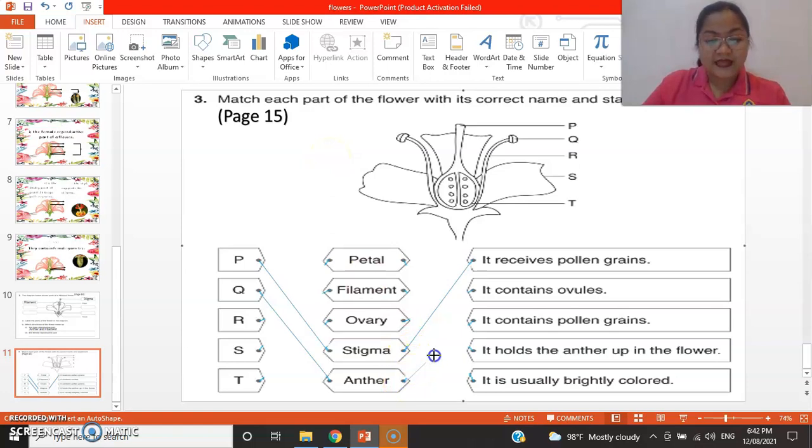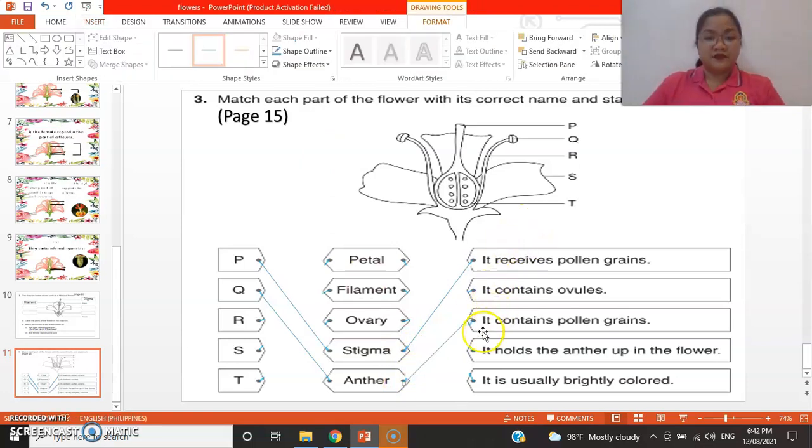Very good, anther contains pollen grains. Did you understand? Answer letters R, S, and T on your own.